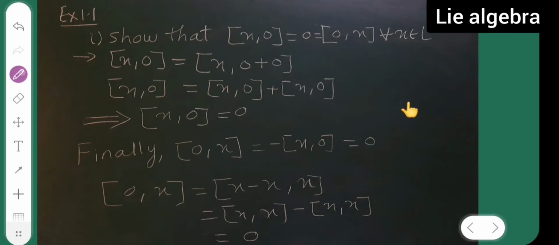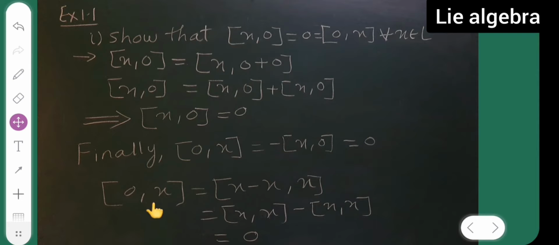So one thing will happen, this term will get cancelled, so this will imply [x, 0] is equal to 0. Finally you have [0, x], which is equal to minus [x, 0], which is nothing but equal to 0.